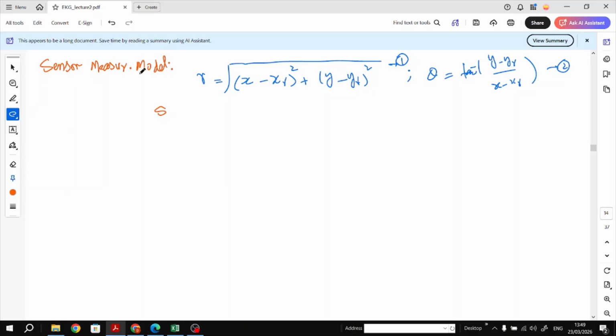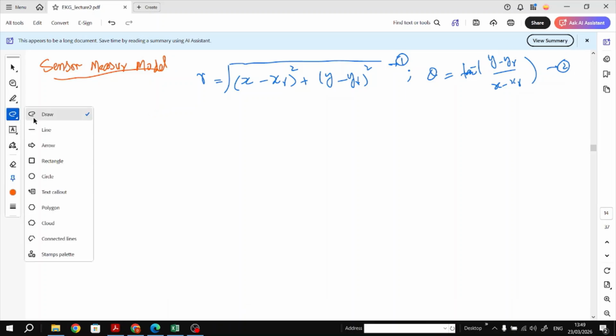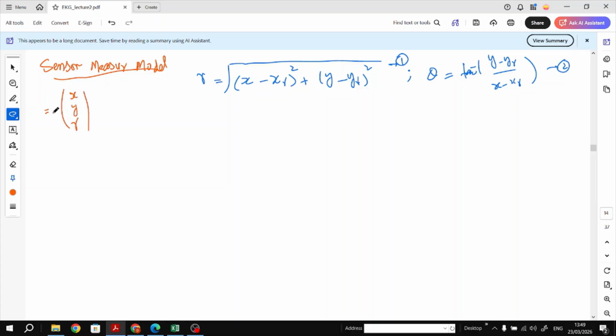Because your sensor measurements are range and angle, and these two sensor measurements are showing the relationship between your state, which is x, y, and gamma angle, let's say. So they will give you the relationship between your state and the sensor measurement.